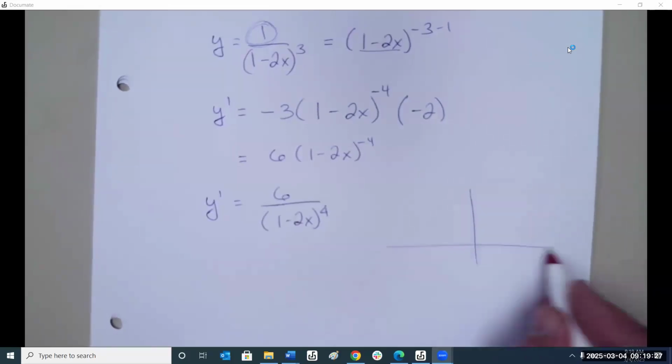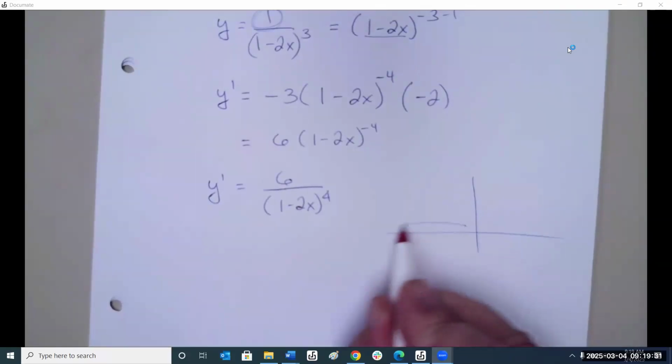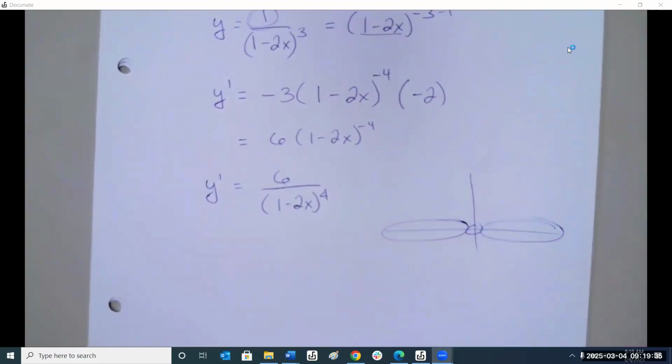If we look at a graph, we have 3 sets of numbers we have to look at: negatives, positives, and 0. If you put a negative number in there, what's going to happen to the slope? What's the slope going to be?